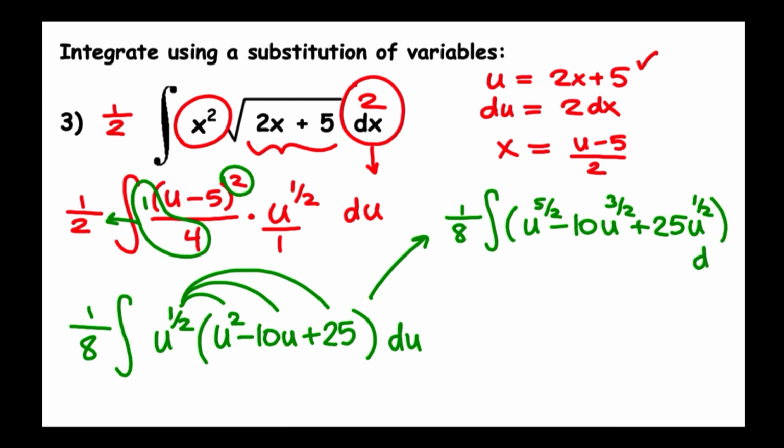And of course that's du. And now I can integrate it. And so I will. I feel like I'm going to need more room, so copy what you need or pause the video. I'm going to erase some things.